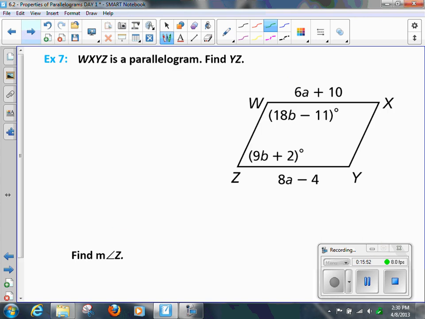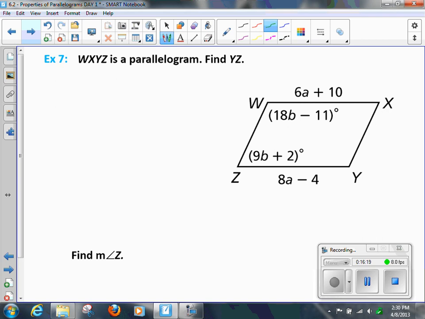Look here. WXYZ is a parallelogram, and you've got to find YZ. How do you even begin? What are you given? Are we finding a side measure or an angle measure? Side measure. All right, what do we know about the sides?